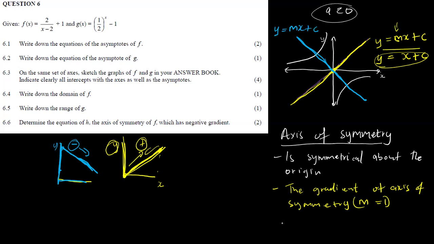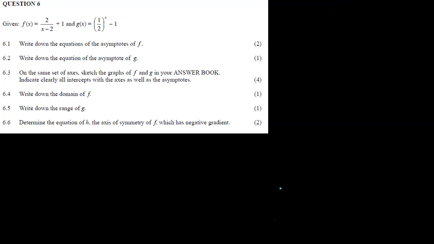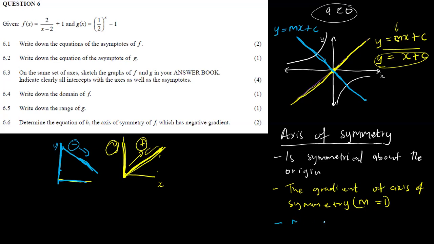We say the gradient magnitude is 1, but the slope is negative. Remember, gradient, slope, and steepness are the same thing, same terms. They mean the same thing, okay? So the gradient here is going to be negative 1. So the equation here is going to be y = -1x + c. Therefore, this will be the equation of this axis of symmetry.